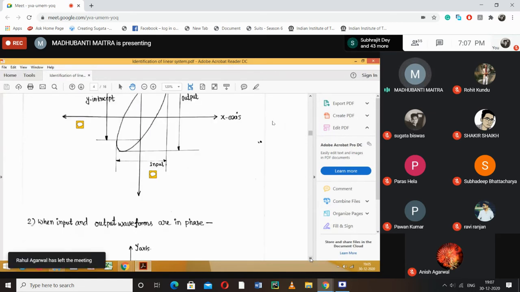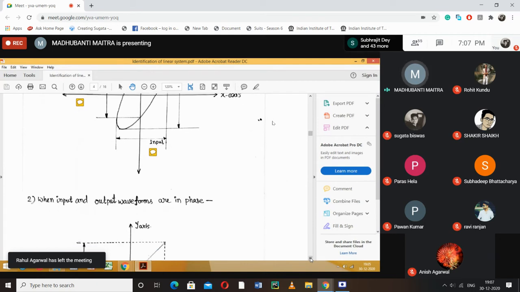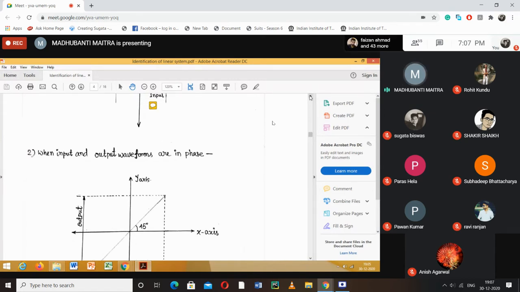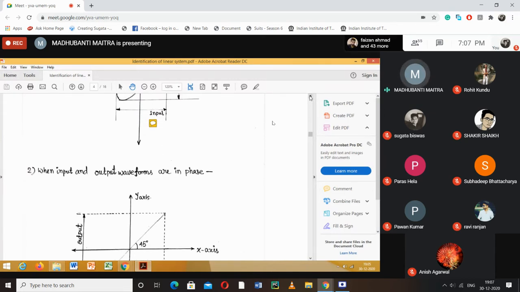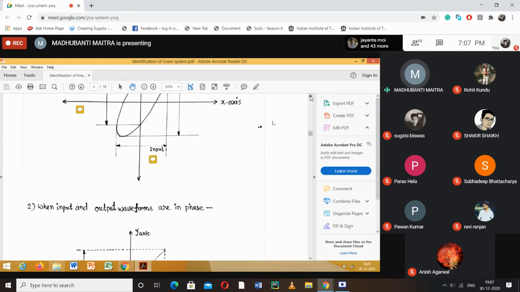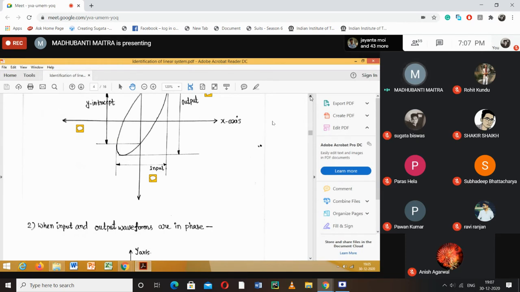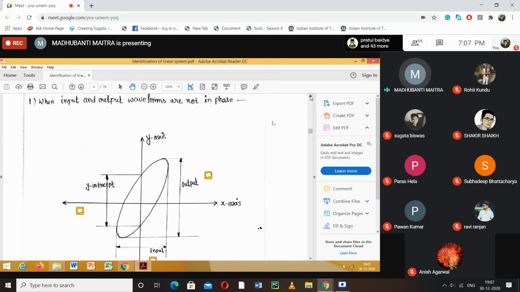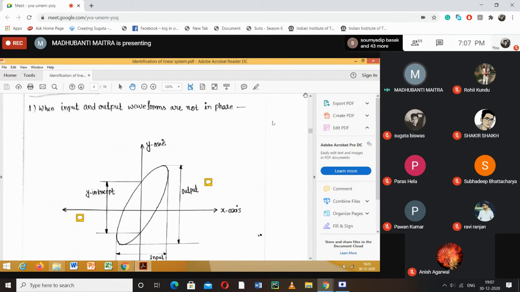And if the phase difference between output and input is 180 degrees, then we'll get a straight line, but now in this particular direction. So these figures, when we apply two sinusoidal signals to the oscilloscope at two channels and put it in XY mode, are called Lissajous figures.